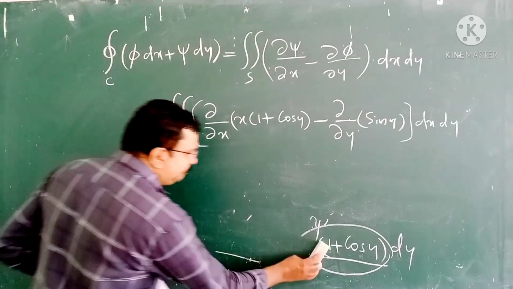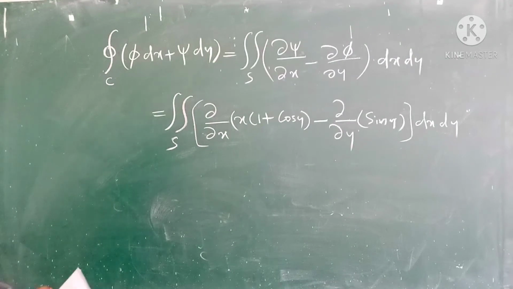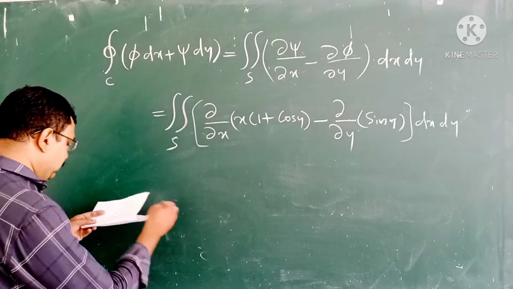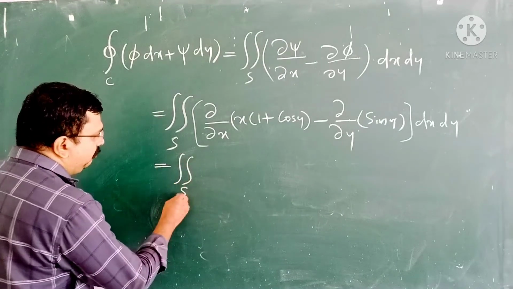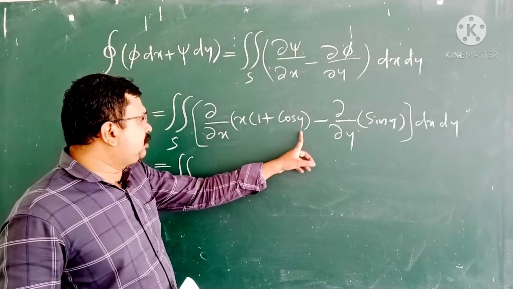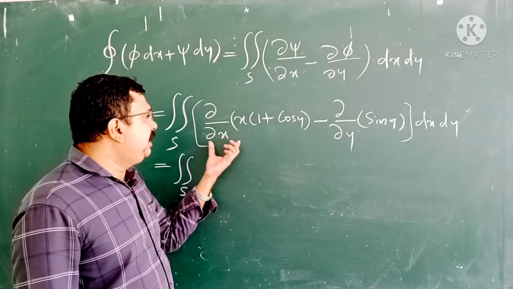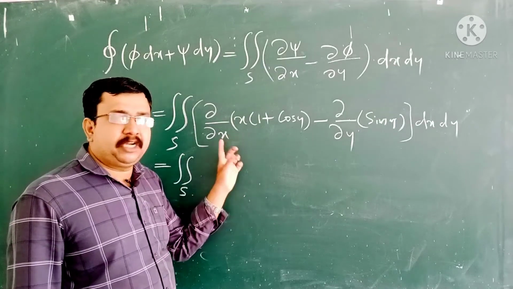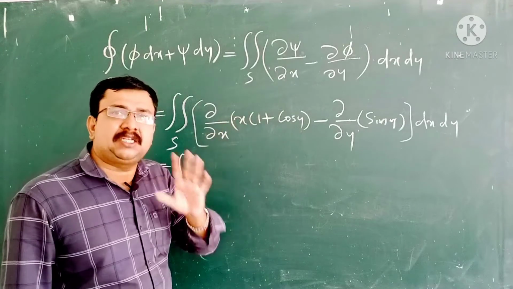Now listen, how to do it? The double integral over S of x into (1 plus cos y), find dou by dou x. Here we are differentiating with respect to x, taking the terms of y as constant.